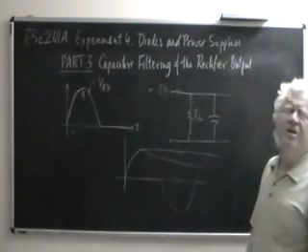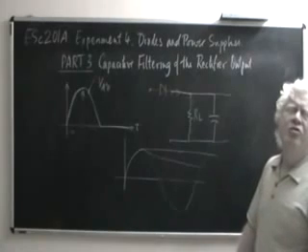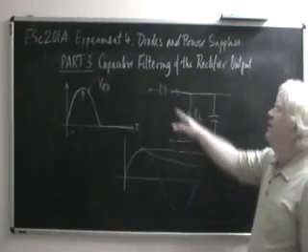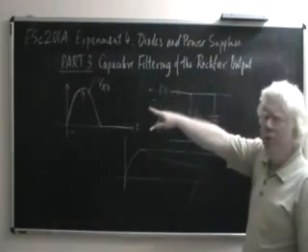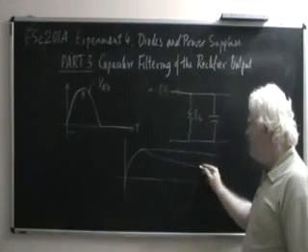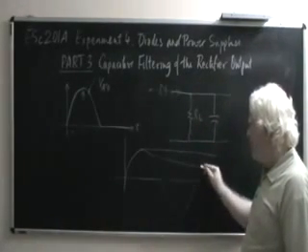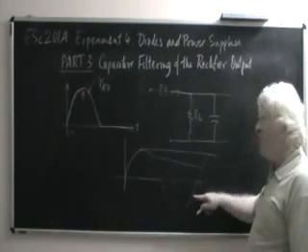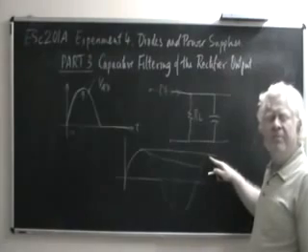How long does it continue to fall? It continues to fall until the time when the rectifier input side produces a voltage which exceeds its voltage at that point of time. So you have an exponential curve going down at this point, and you have a sinusoidal curve going up.